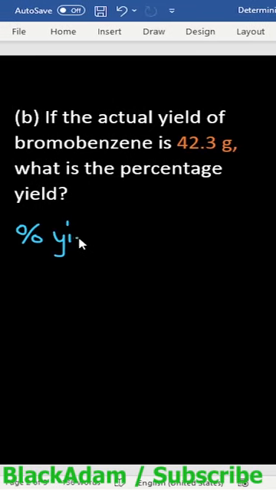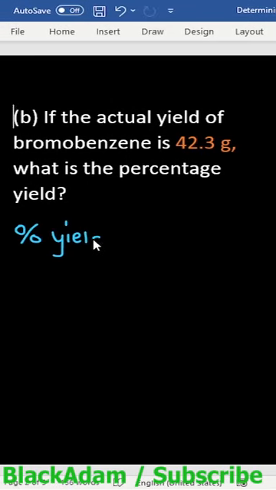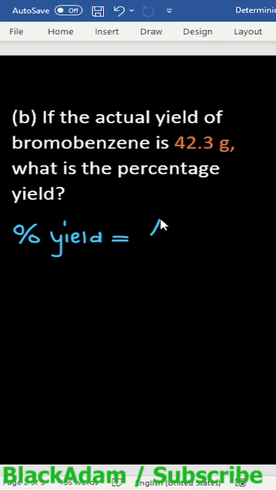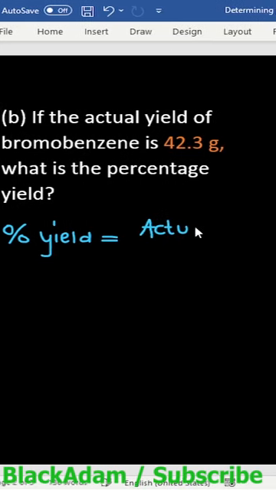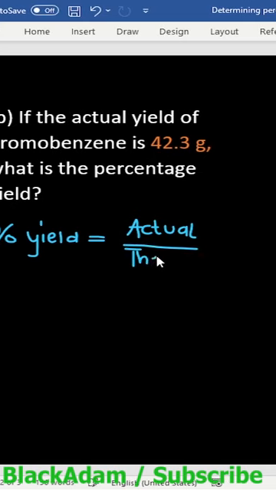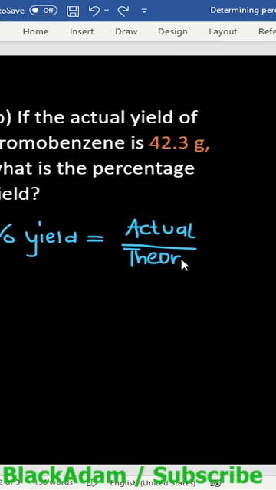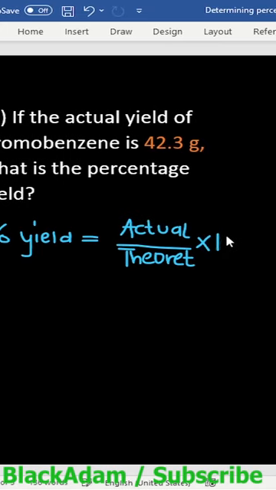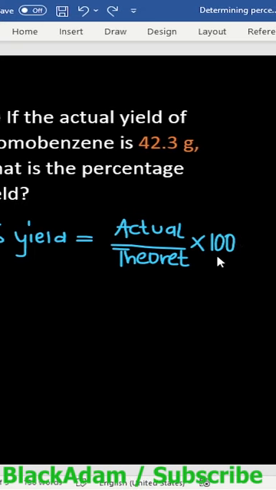Now for part B, we have to calculate the percentage yield. Percentage yield is the actual yield over the theoretical yield. The theoretical yield is the perfect case, but not everything complies with a perfect case. So actual over theory multiplied by 100.